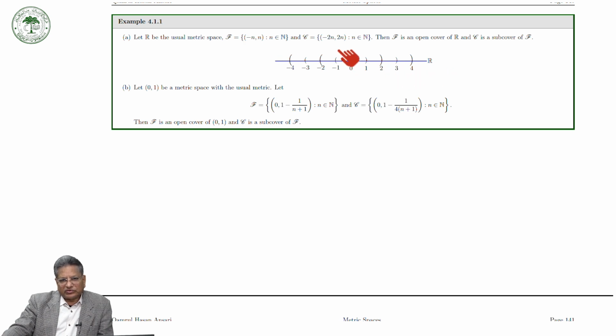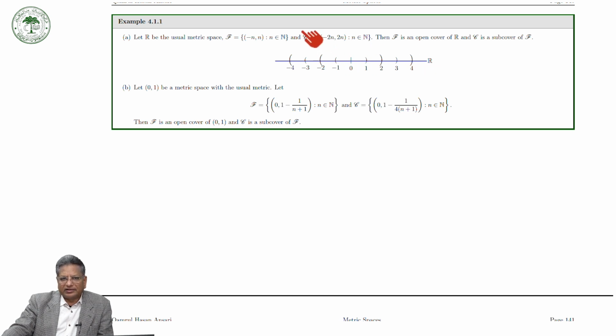Now you can also consider the subfamily of this family consisting of the open intervals -2n to 2n. So this is -2 to 2, then -4 to 4, and so on. The union of this subfamily will also cover the whole real line.